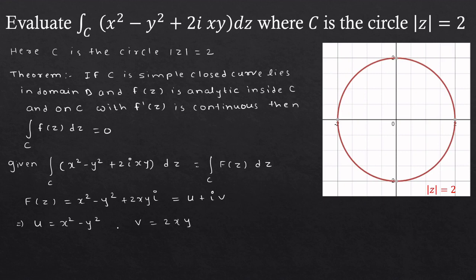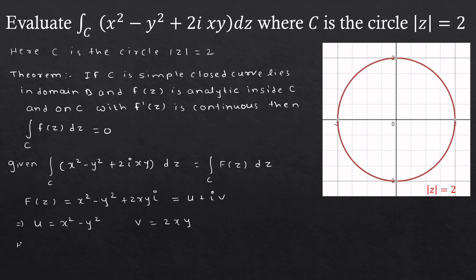Now, how do we check that f is an analytic function? First of all, we have to satisfy the Cauchy-Riemann criteria, and after satisfying it, we have to conclude that ux, uy, vx, vy are continuous functions. Then the function becomes analytic.